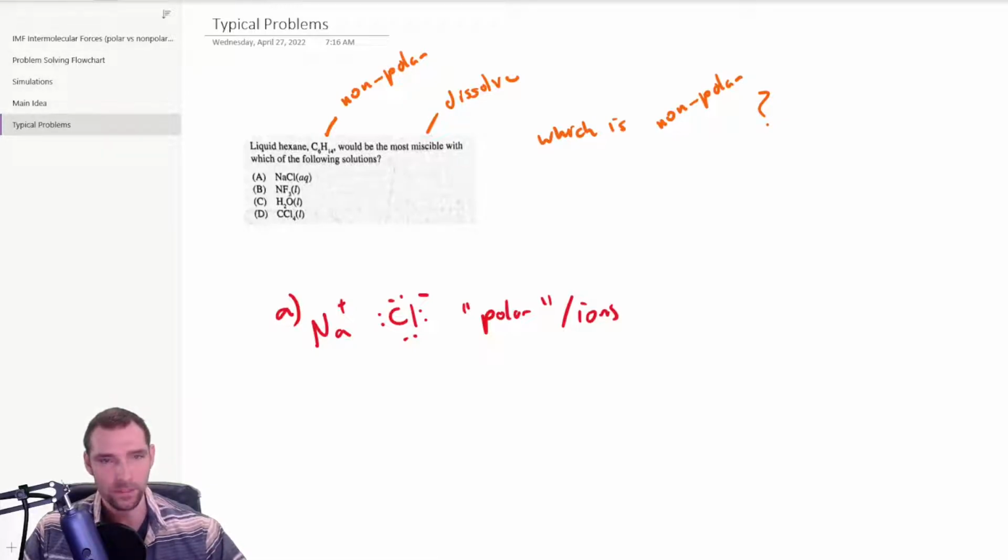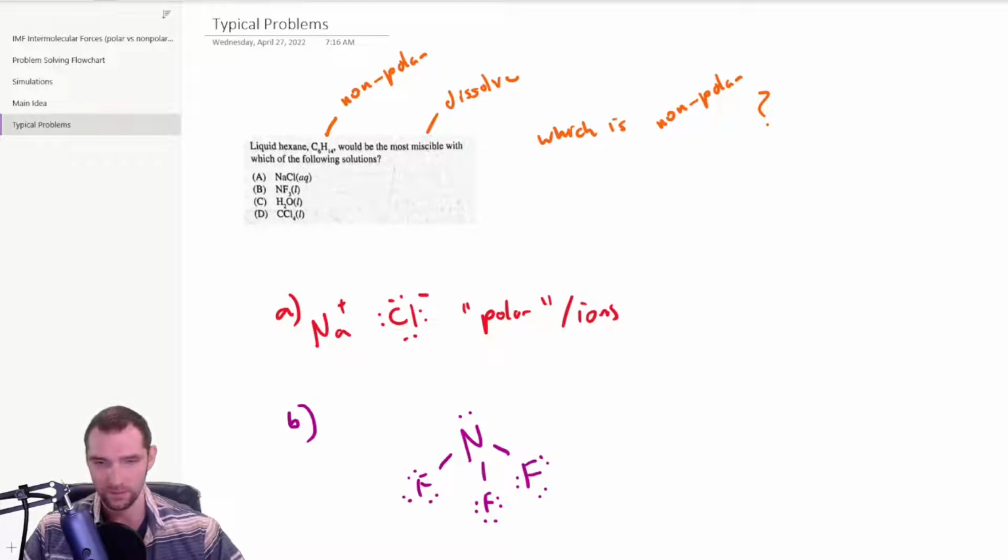So if we talk about B, basically you have to think about drawing these things out and looking at their geometry if you want to think about if they're polar or not. And I just kind of know my atoms, and so I know how to draw this one out. Like I know fluorine's going to contribute 7 each, so they need 1 more each.